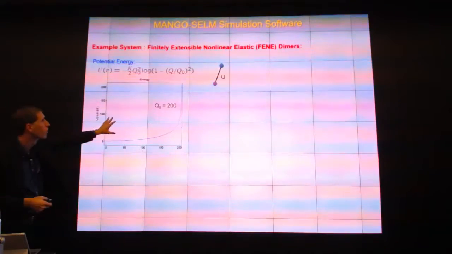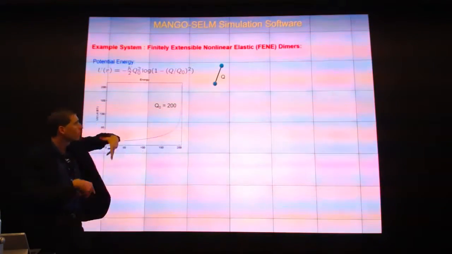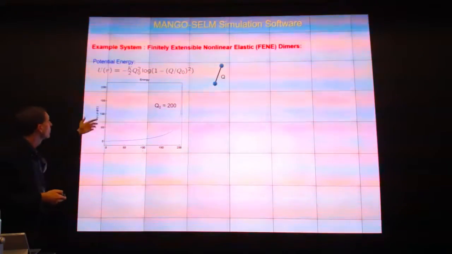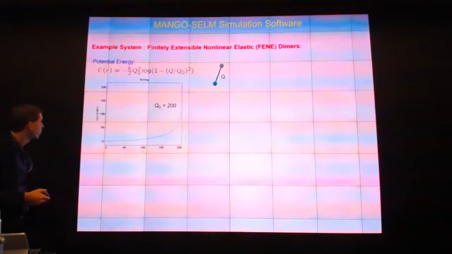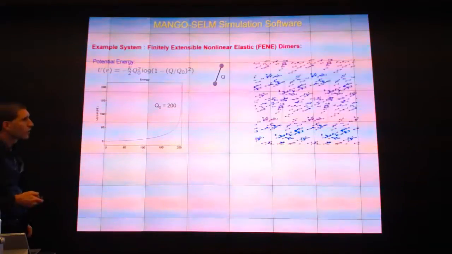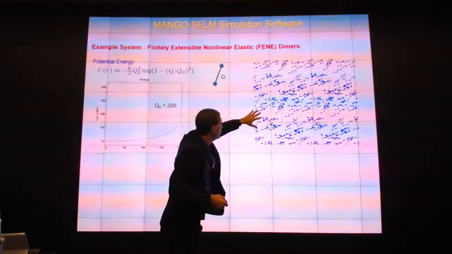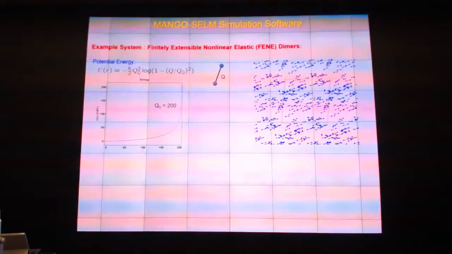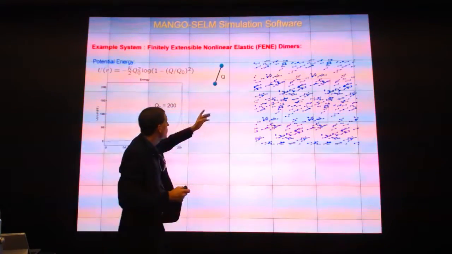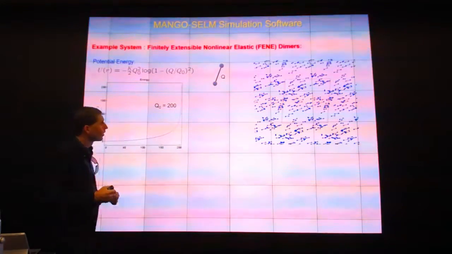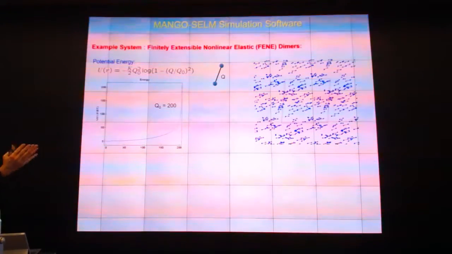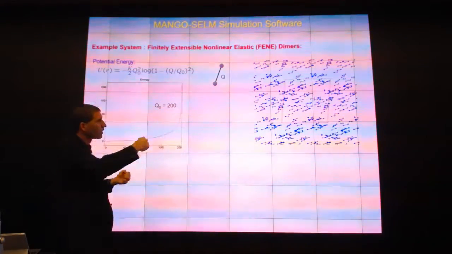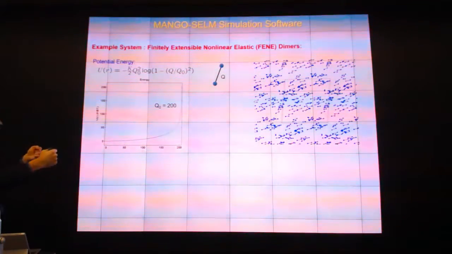It's just shown here in the energy. I've chosen it to be 200 units. You could think of it as, I guess, 200 nanometers. And this is done with K on the order of a couple of kBT. Okay, so if you make a fluid full of these FENE dimers and you shear using the Lees-Edwards boundary conditions I mentioned before, the shear stresses in the fluid will tend to extend the dimer until it becomes stiff enough that it cannot extend any longer, and it will then tend to rotate.